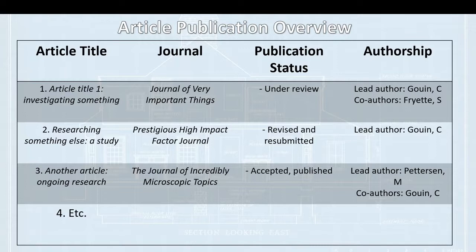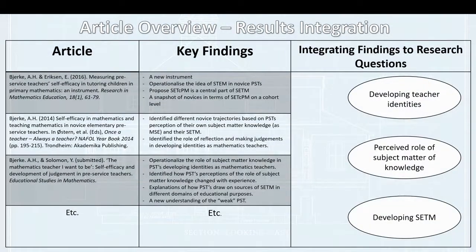We also want to end up thinking about how the article overview provides integration of results for our Kappe. And basically what I mean by that is we want to think about how each article has key findings that can integrate towards answering overarching research questions that we were interested in our entire PhD.